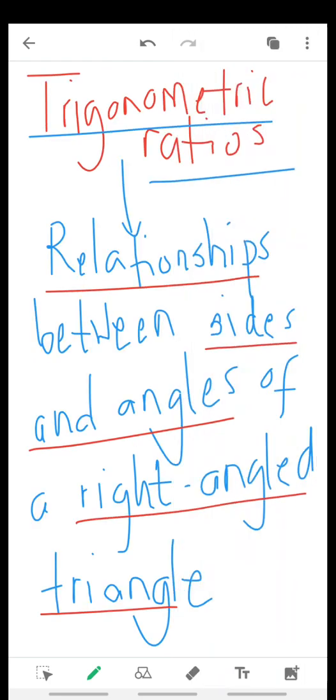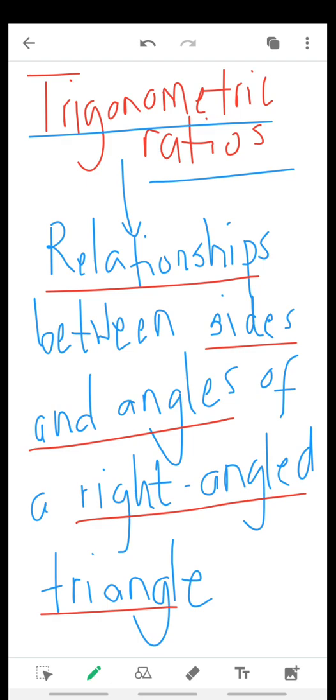Now, moving on, we're starting with our trigonometric ratios. What are these trig ratios? I've heard people talking a lot about these trigonometric ratios, and sometimes if you are not paying careful attention, you may be confused, but this is easy. What are trigonometric ratios? Trigonometric ratios are relationships between sides and angles of a right angle triangle.